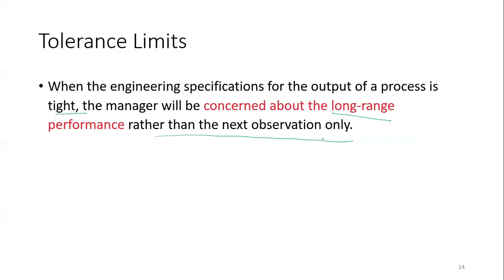For example, in our previous examples, we talked about ball bearings, and their specification, their diameter, was very important. So they are interested in the long range performance, which means you are interested in the measure of the population, in the forthcoming population, so you are interested in the tolerance limits.